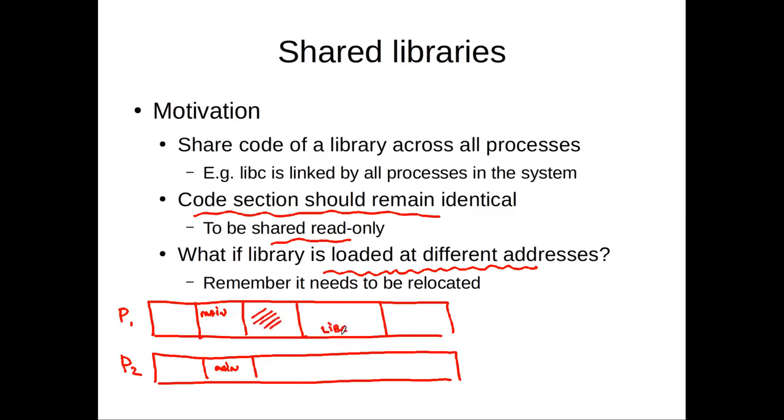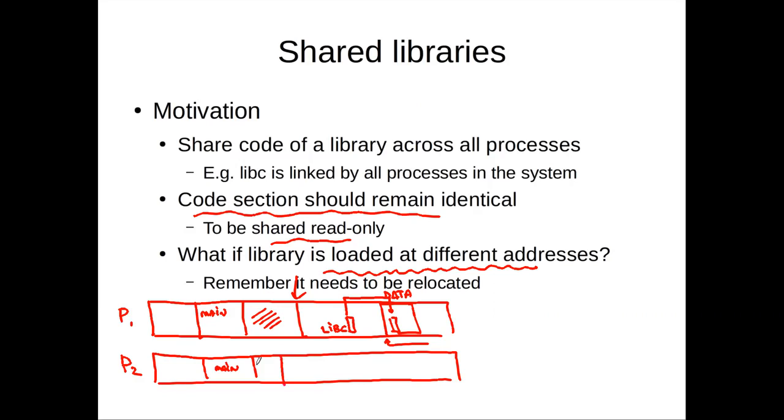This is libc in one program. Remember, libc has a data section, and in order to access it we have to relocate the code. We have to patch all the references to global variables, saying libc's code starts at this specific address and its data section starts at this address. We relocate every time we have to move libc.